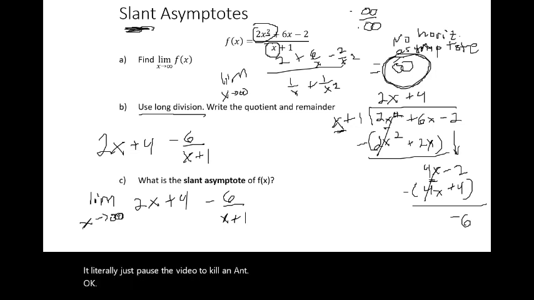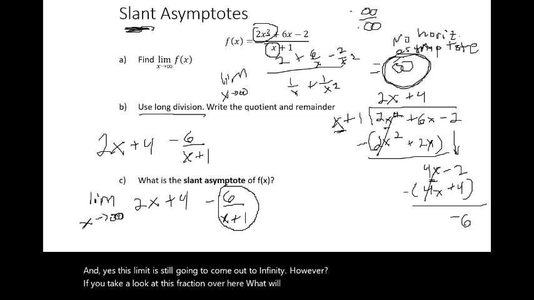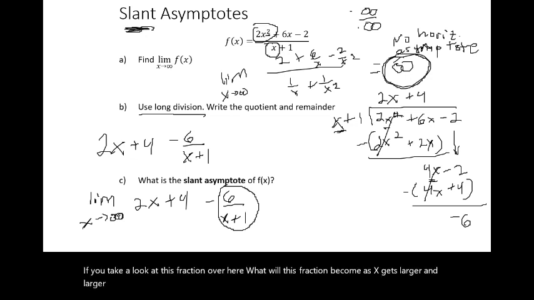And yes, this limit is still going to come out to infinity. However, if you take a look at this fraction over here, what will this fraction become as x gets larger and larger? Well, we're going to have 6 over infinity, so this entire remainder is actually going to approach 0 as x gets larger and larger.